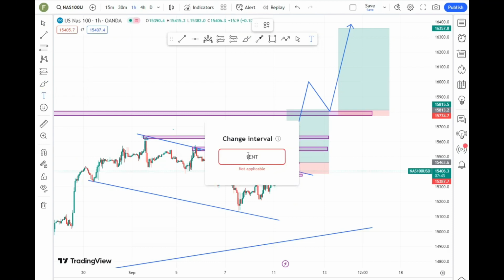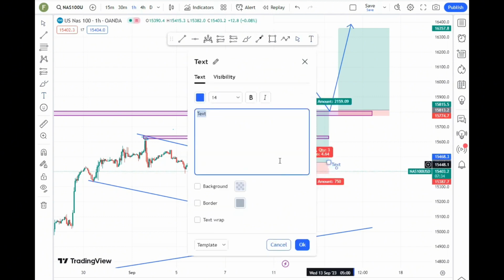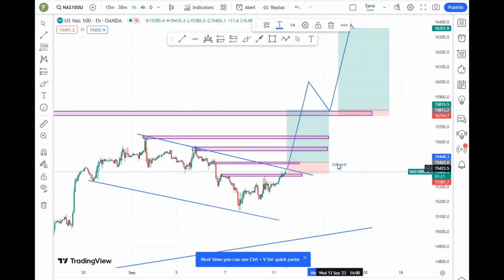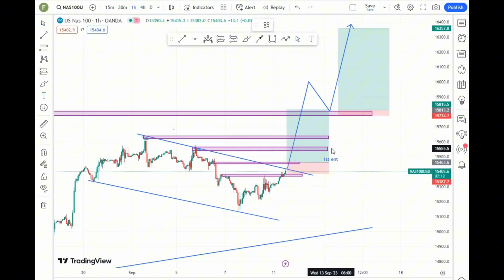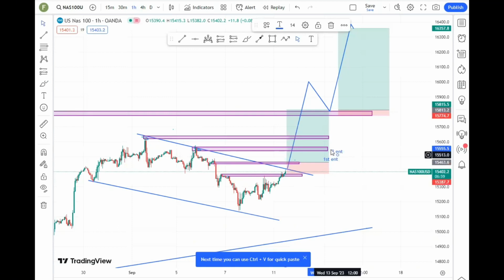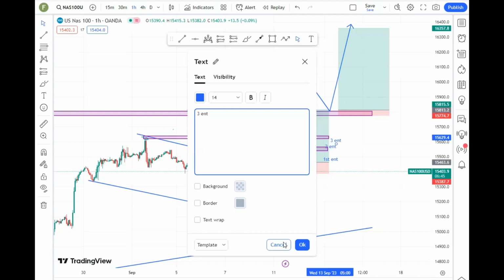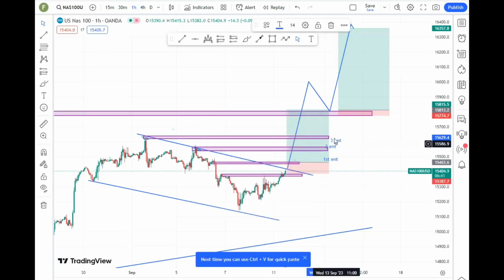Let me just put the text. Therefore, this will be our first entry point, just here.